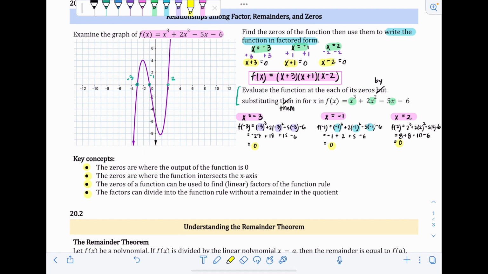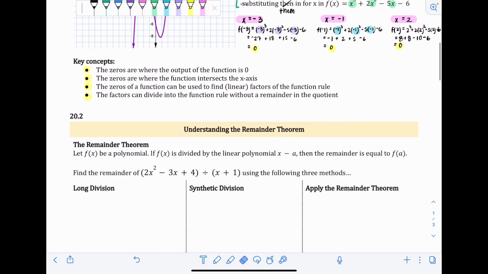And then the last bullet point, the factors can divide into the function rule without a remainder in the quotient. So that means I could take my original function and divide it by any one of these 3 factors, and I would get essentially a whole polynomial out. That sounds silly to say, but I just wouldn't have that last little part, the remainder, where I have to write it over what we divided by.